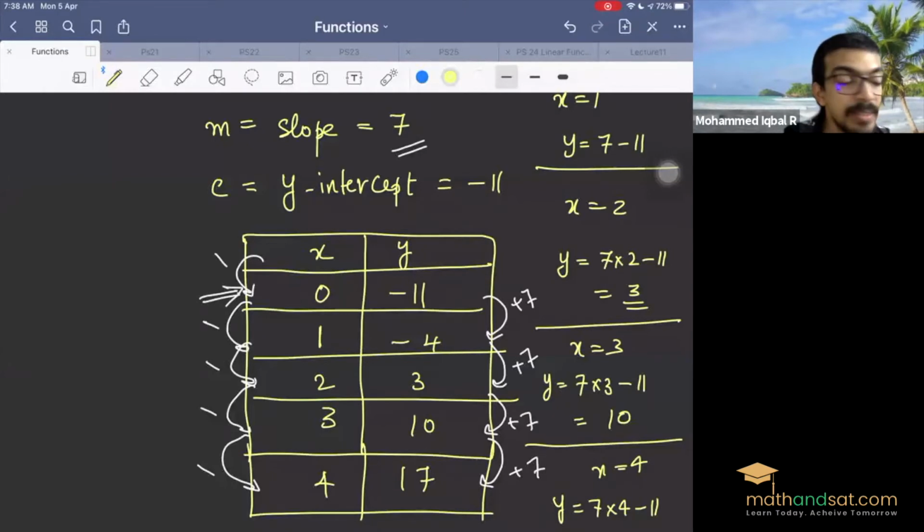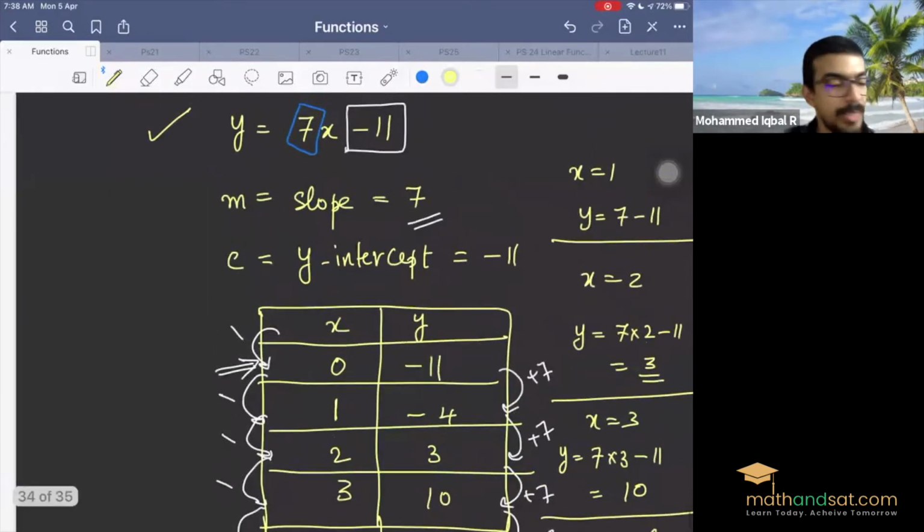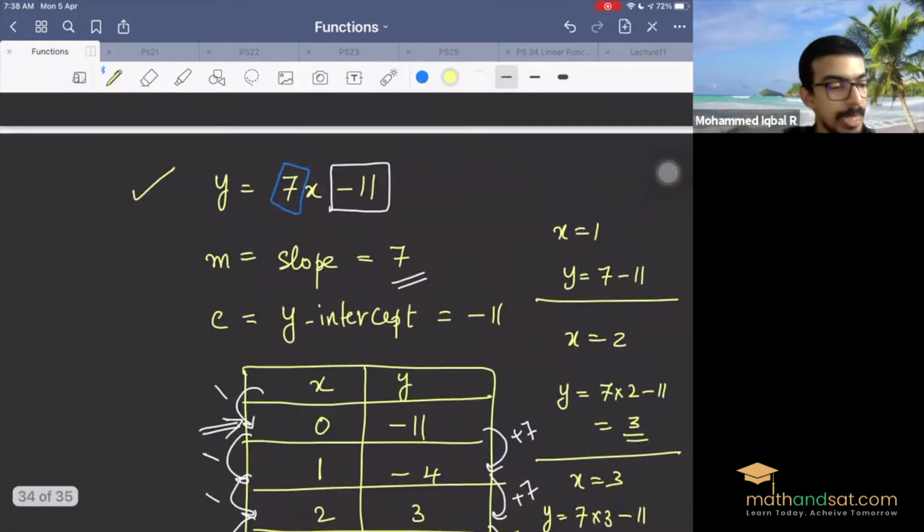So that is the significance of the number 7. The number 7 is the coefficient of x. What is the significance of the number 7? The number 7 gives the ratio of change in output over change in input. That is a mathematical meaning.